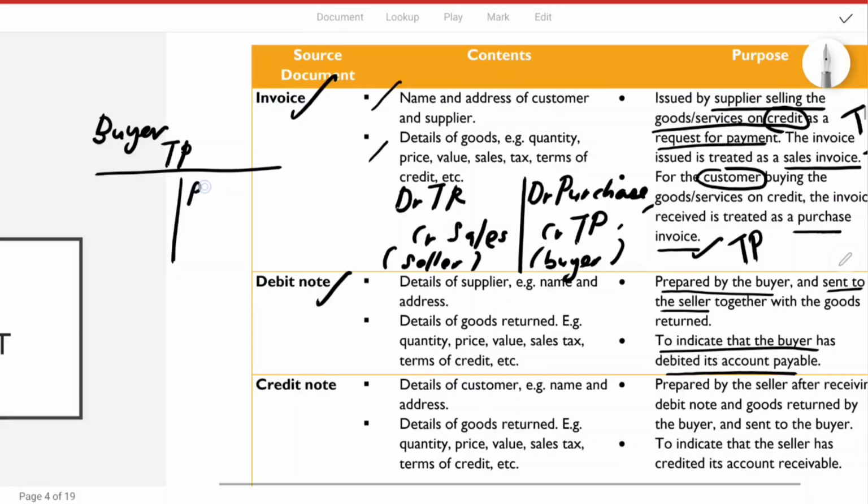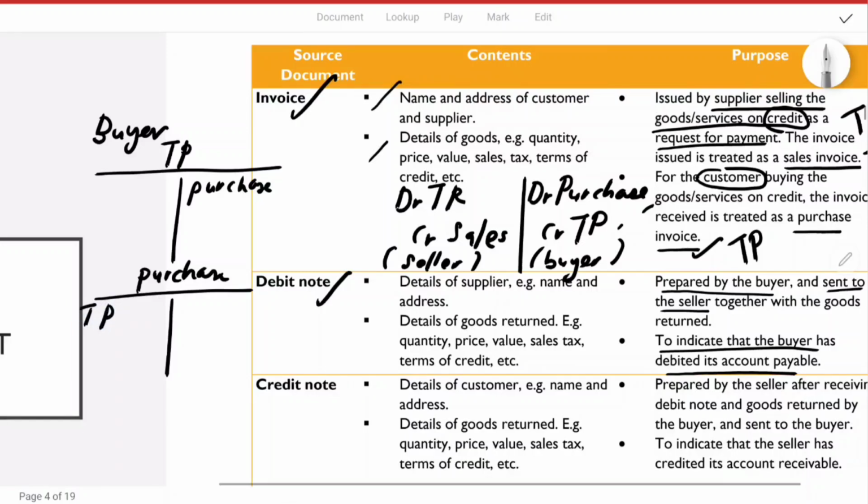Here we have purchase, and you credit trade payable. So in the trade payable account, you are going to credit, and then we have the purchase account, where we record trade payable.